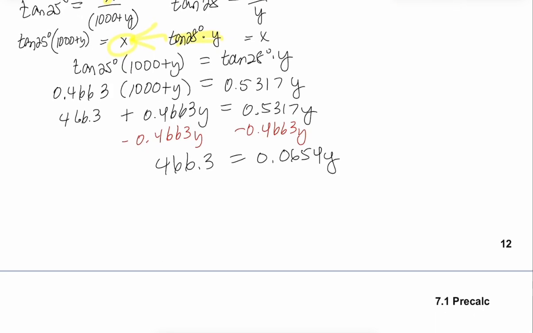So 466.3 divided by 0.0654 is, to the nearest, because it rounds very nicely to a whole number, 7,130 feet is y. Okay.